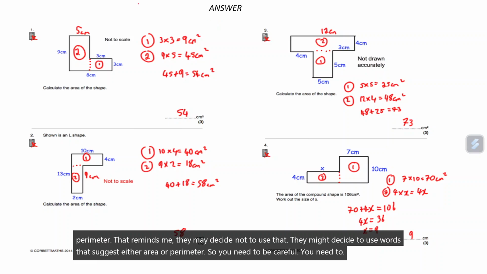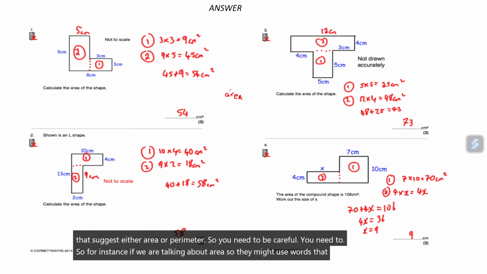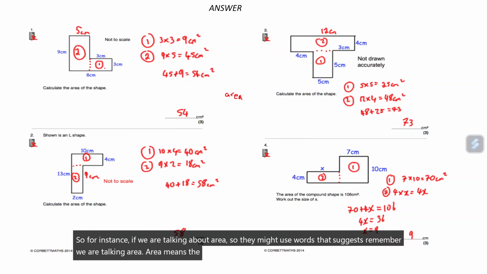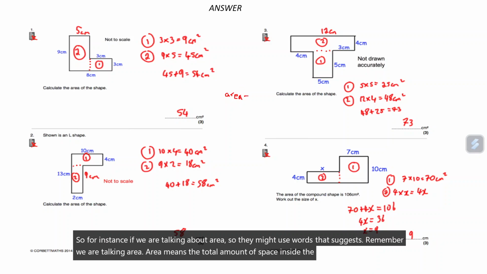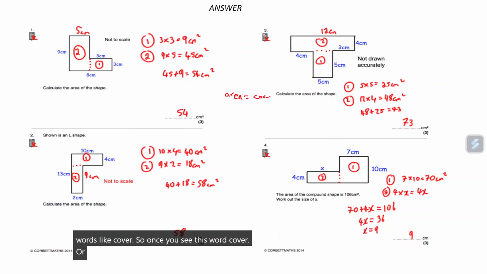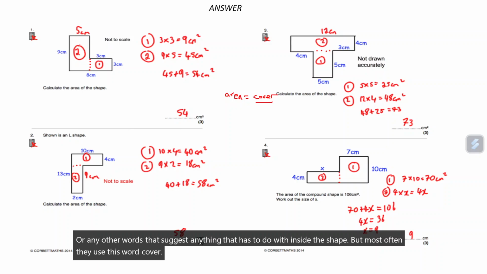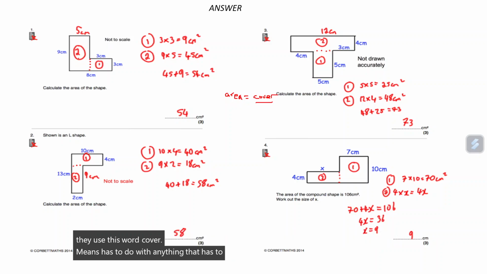For instance, if we are talking about area, area means the total amount of space inside the shape. So they might use words like cover. Once you see this word cover, or any other words that suggest anything that has to do with inside the shape, but most often they use this word cover.